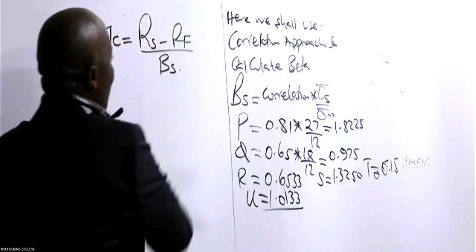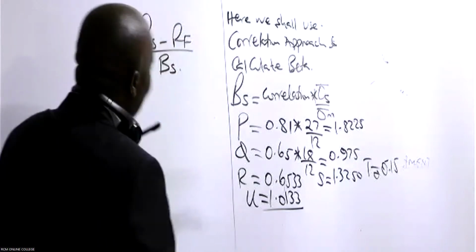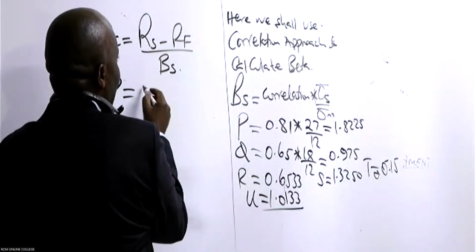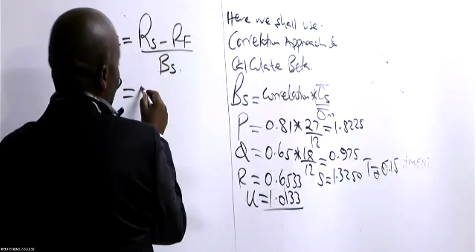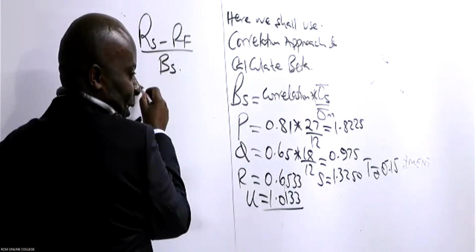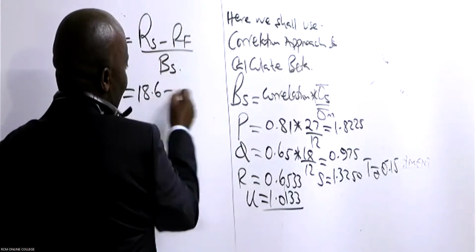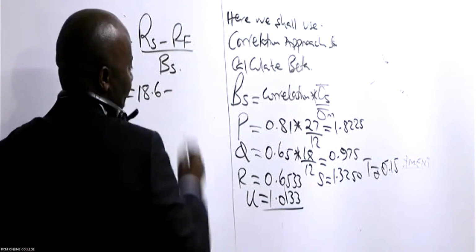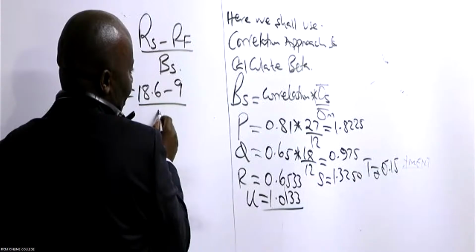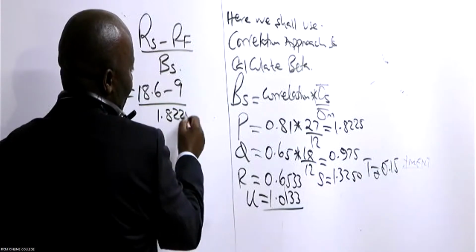So then I would want you to give me for P. Are you able to see the average returns of P? 18.6. How about risk-free? 9. How about beta for P? 1.8225.